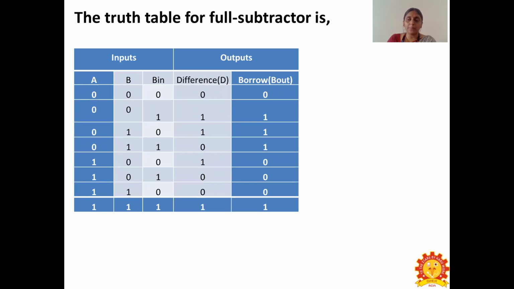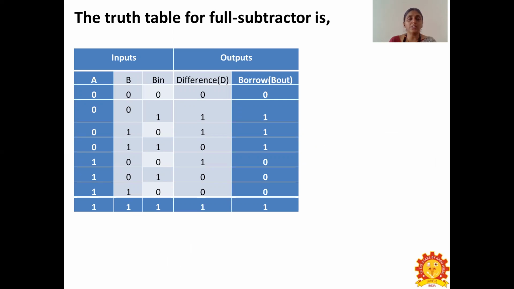So the truth table for the full subtractor is given here. Since 3 input bits are involved, we have the combinations of 3 bits in the form of zeros and ones, where we have the inputs like A 0, B 0 and B in 0.